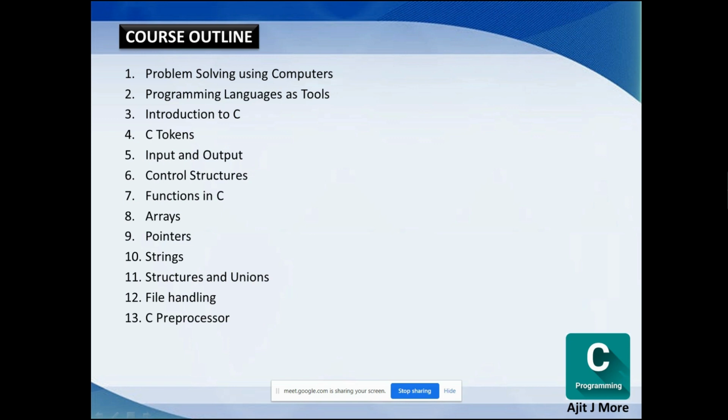There are three ways. One is writing an algorithm using simple English. Second is flowchart, and third is pseudocode. All three I'll tell you. We'll take ample exercises on all three, and their advantages and disadvantages also. So that will be in the first chapter.